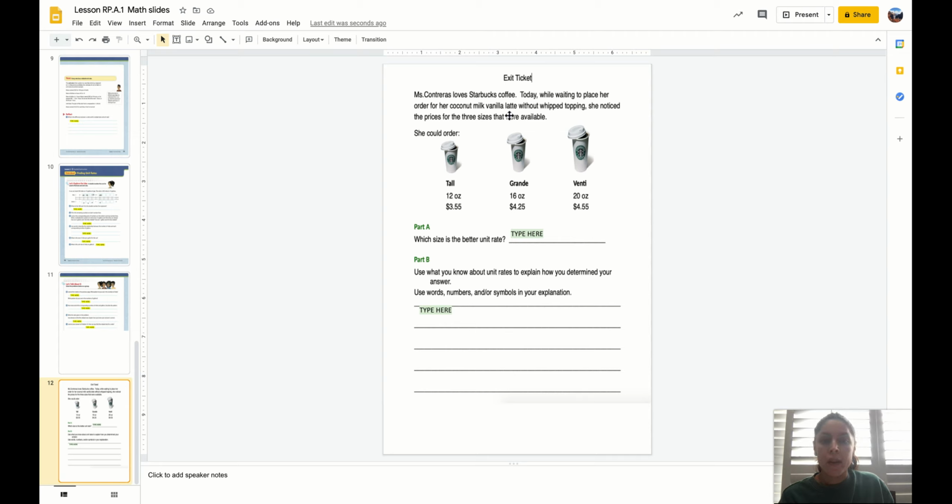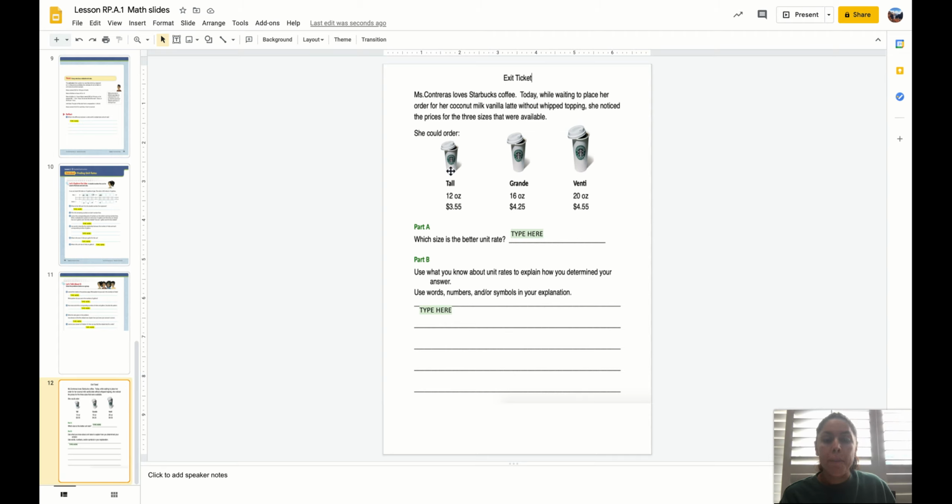Okay? So what you need to do is figure out which is a better buy. You will find the unit rates for each. Remember we talked about how to divide, what goes inside the house, what goes outside. So you will divide all three and figure out which is a better unit rate.